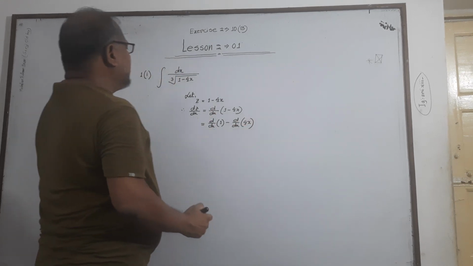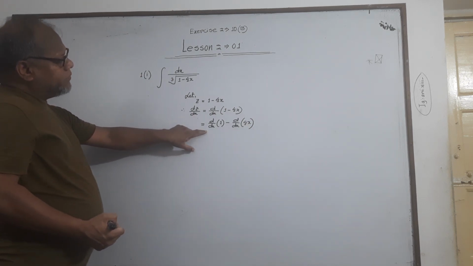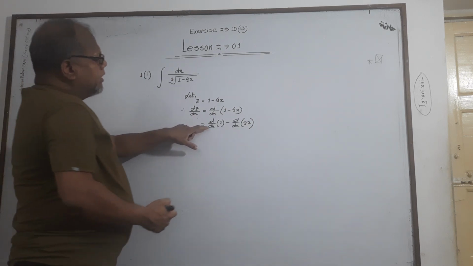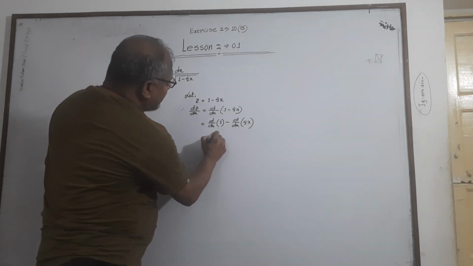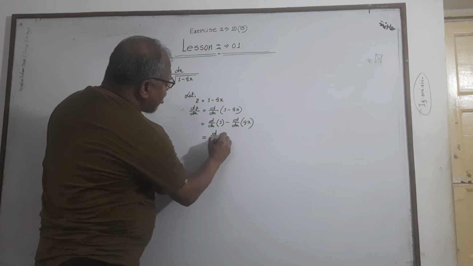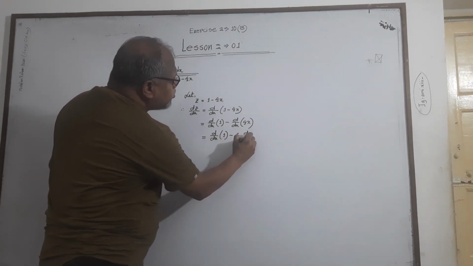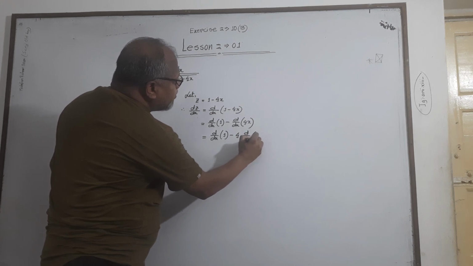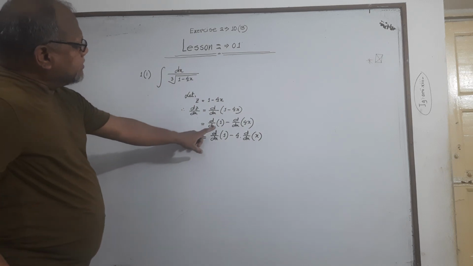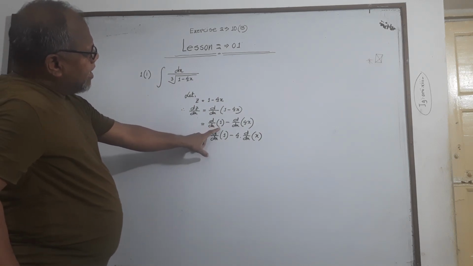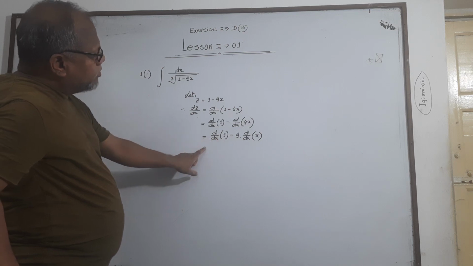Here d/dx is the differential operator. So d/dx of 1 minus 4 into d/dx of x. Differentiating any constant number gives 0.